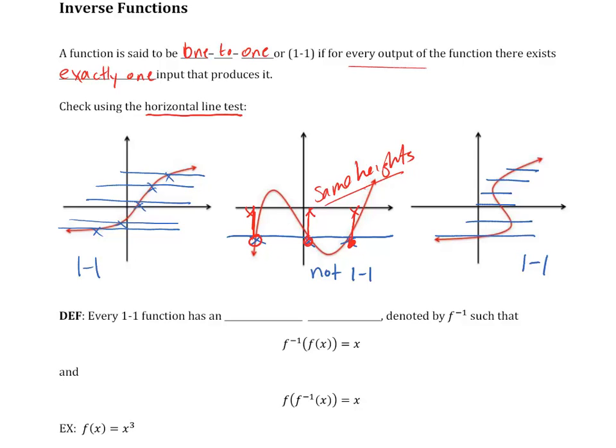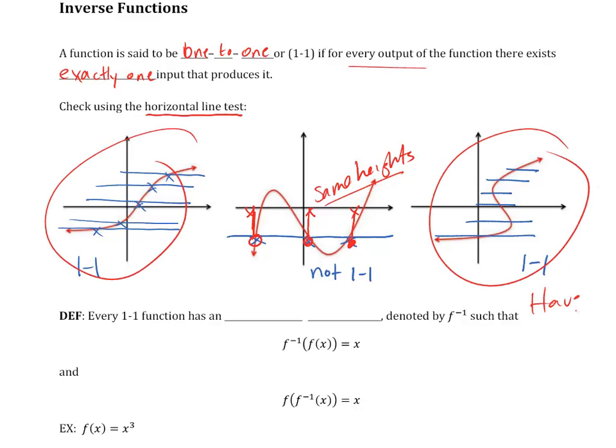Now, the reason why it's important to note that when talking about inverse functions is inverse functions will always try to find the input if you know the output of the function. And since all three of these points on this middle graph have the same height, you're not going to get a unique output. So the only types of functions that have inverses are ones that are one-to-one.